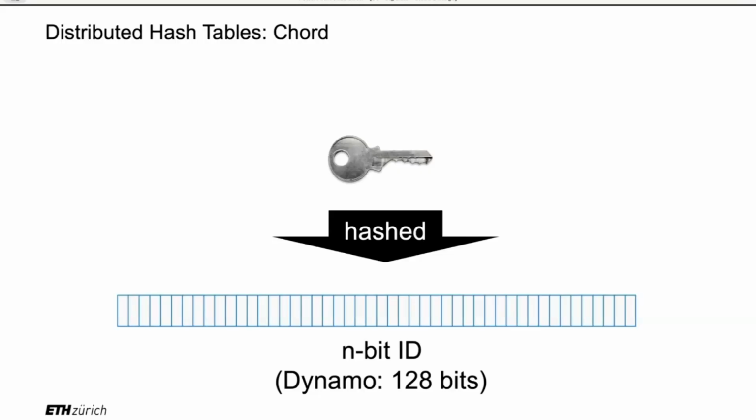Well, the trick is that you implement this map, because in fact, logically it's a map, with what is called a distributed hash table. Who heard of a hash table? Many of you, right? Like for hash indices. Well, this is a hash table, but it's distributed over multiple machines. So the way it works is we take the keys that you want to associate with the values, and you hash them.